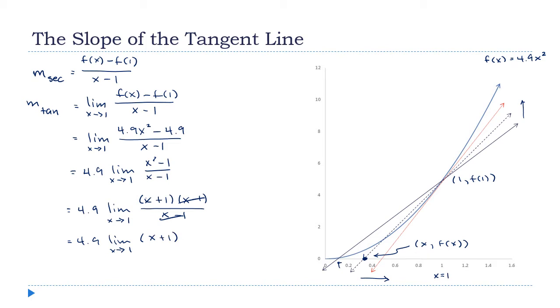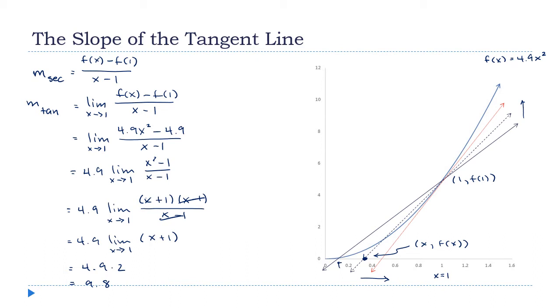To find the limit, we replace the x with 1. This turns into 4.9 times 2, which is 9.8. And if you look back in your notes from the previous lecture, you'll see that when we tried to do this by making a table and looking at the trend of the slopes of the secant lines, that's exactly the number that we were approaching.